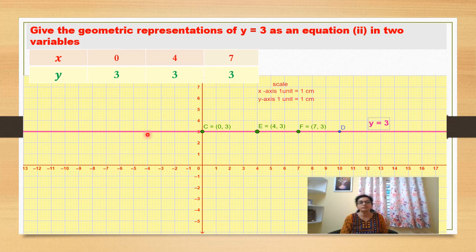So y is equal to 3 means it should pass through 3 on the y-axis. When that line is passing through the y-axis, naturally it is going to be parallel to the x-axis. Hence this line is always parallel to the x-axis and this can be a question of 1 mark, that if any line of y is equal to 3, then it is parallel to which axis? Then you can see over here that it's parallel to the x-axis.